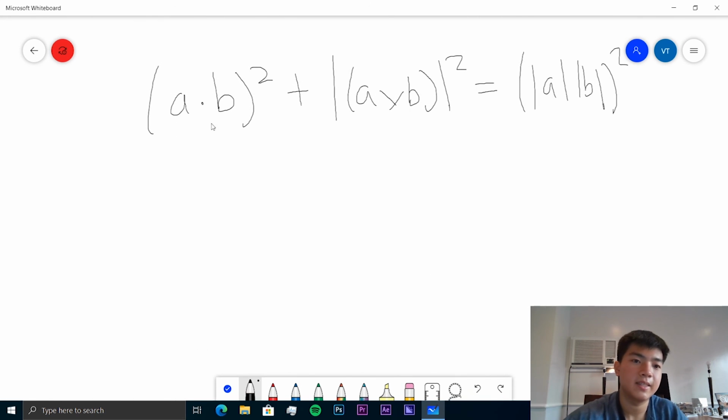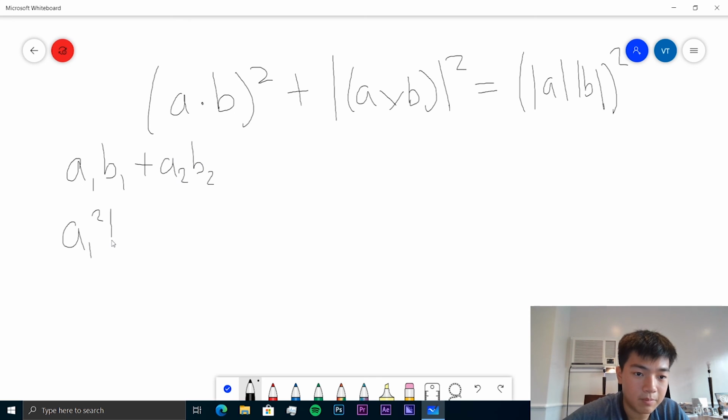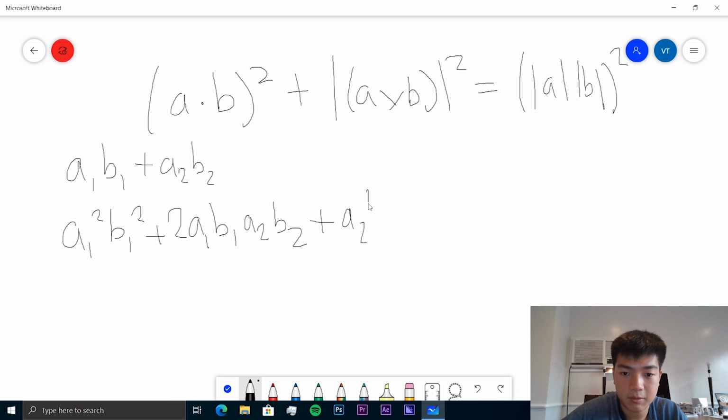So a dot b is equal to a1b1. Let's just do this in 2 dimensions. So a1b1 plus a2b2 squared. So this is going to be equal to a1 squared b1 squared plus 2a1b1a2b2 plus a2 squared b2 squared.